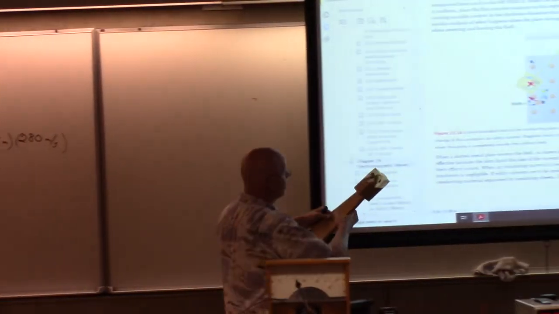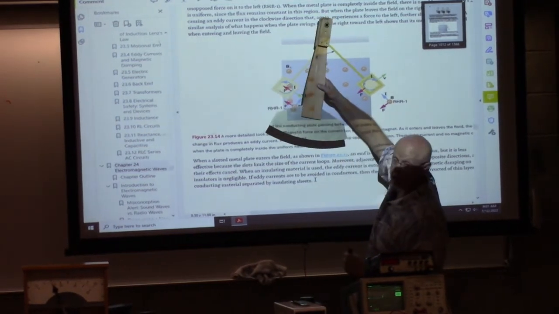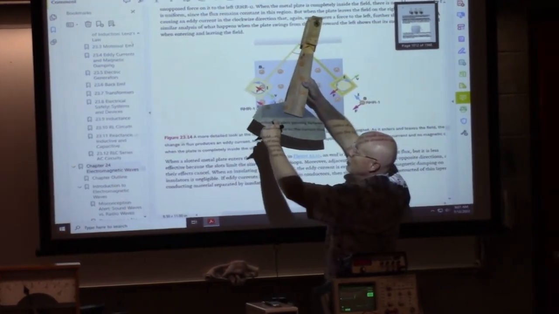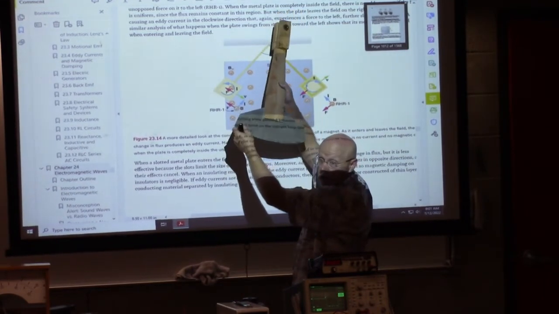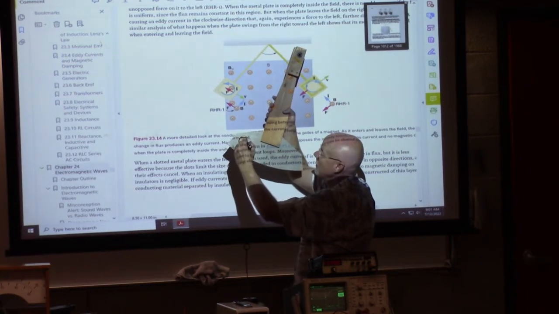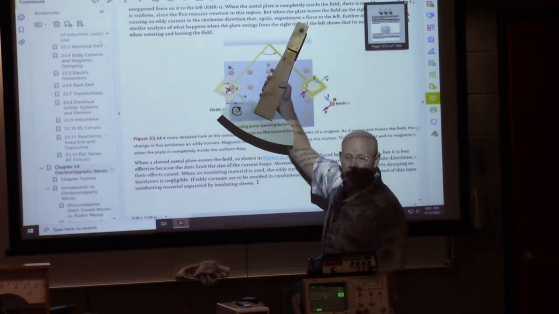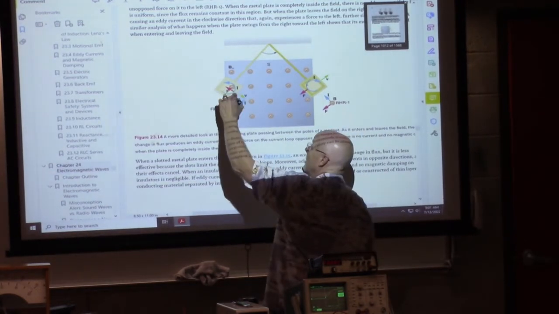So this is my pendulum. And as it swings in, current needs to be set up in these little circles, these eddy currents, in such a way that the flux comes out. And that would be counterclockwise. And that's what he's trying to show here.